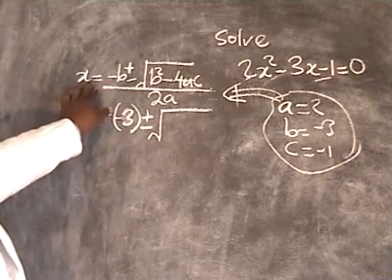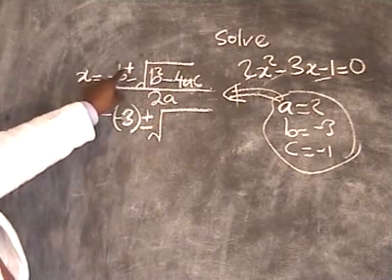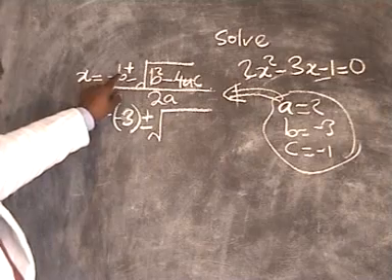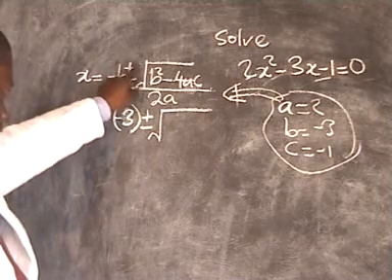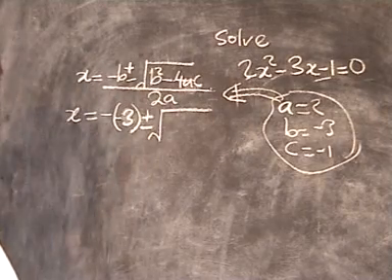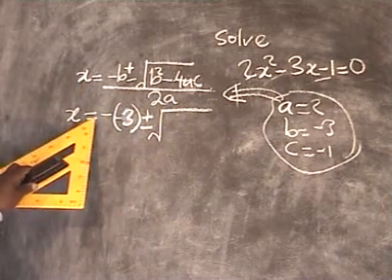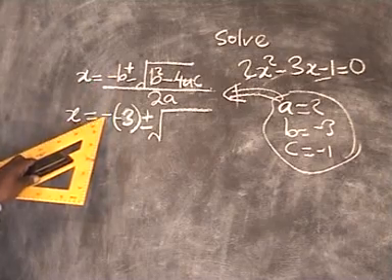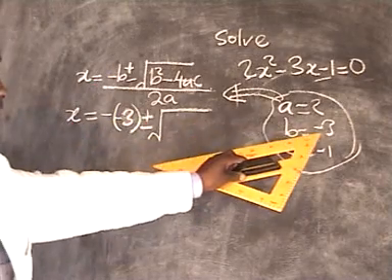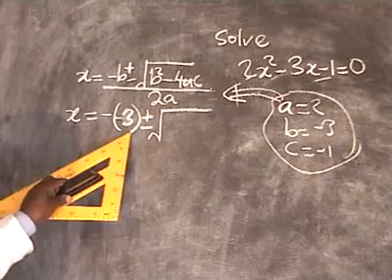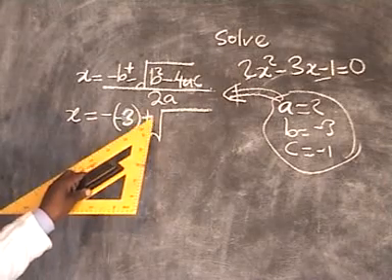As you can see, the formula is presented as negative b, positive or negative, square root of b squared minus 4ac, over 2a. So from there, this is x equals, I respect this negative from the formula. Then what is b? B is negative 3. Since it's a negative, I've written it in brackets. Then positive or negative square root.